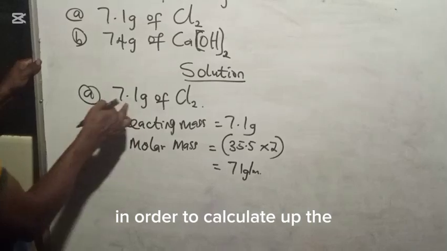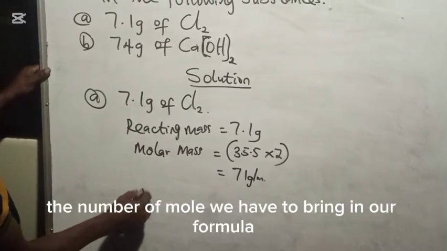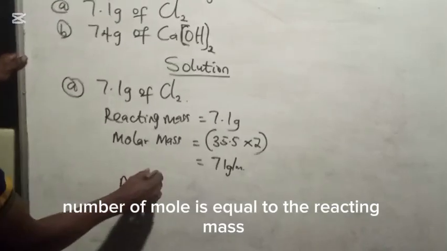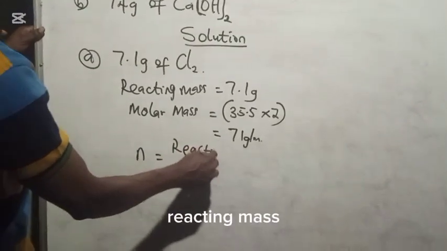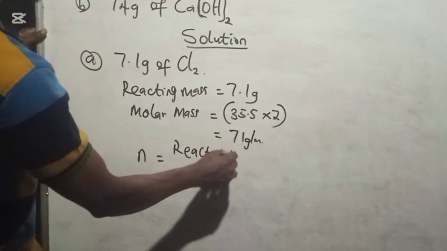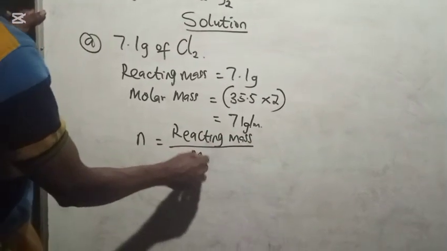In order to calculate the number of mole, we have to bring in our formula. Number of mole is equal to the reacting mass all over molar mass.